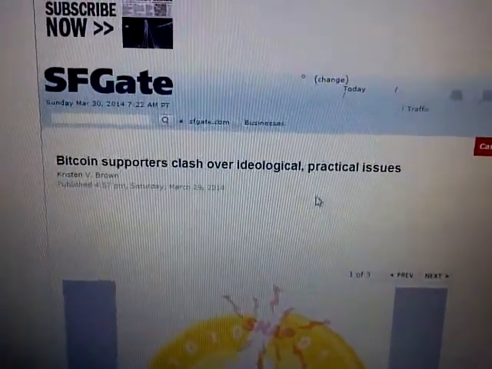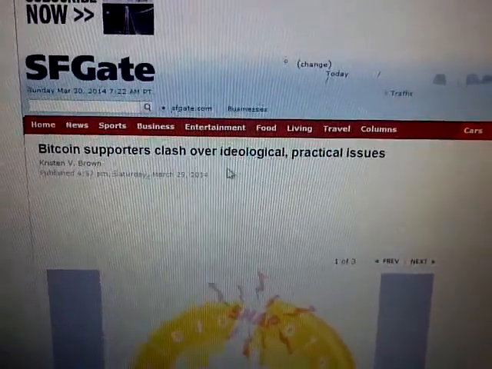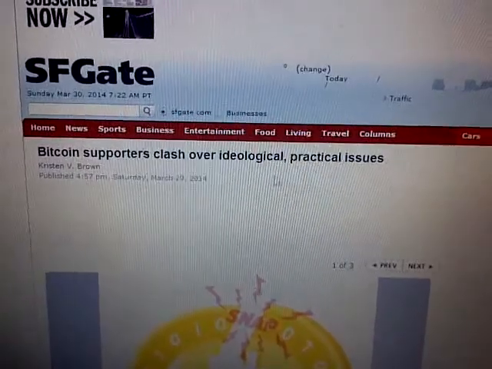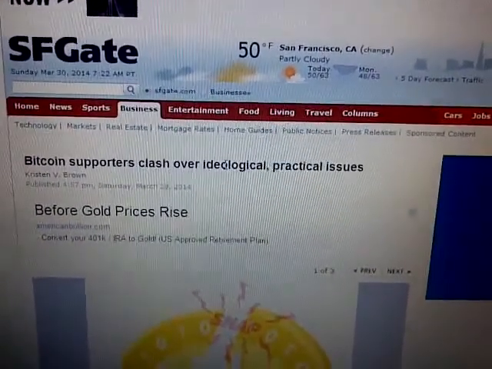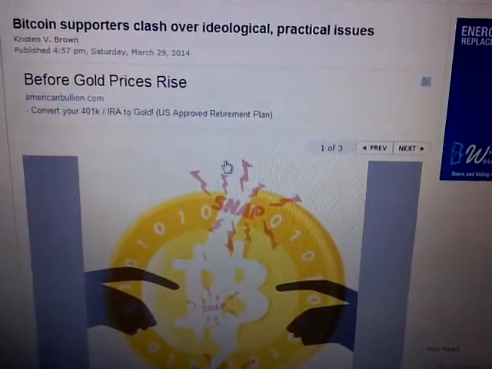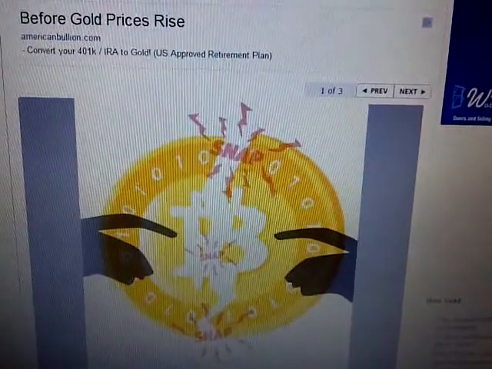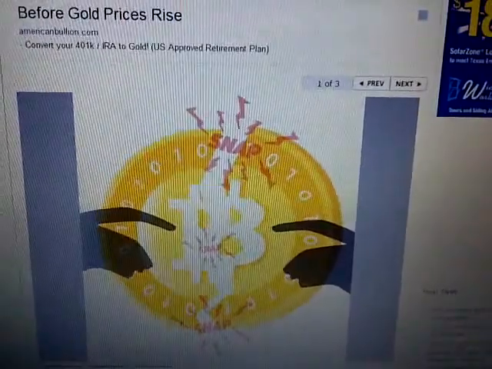Backers clash over whether to keep cryptocurrency. What did it say? Clash over ideological and practical uses. Supporters clash over. So you're seeing an evolution in the use of Bitcoin, and what does it mean for other people.